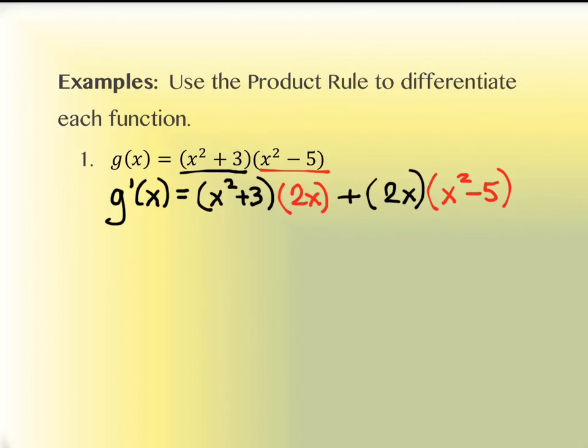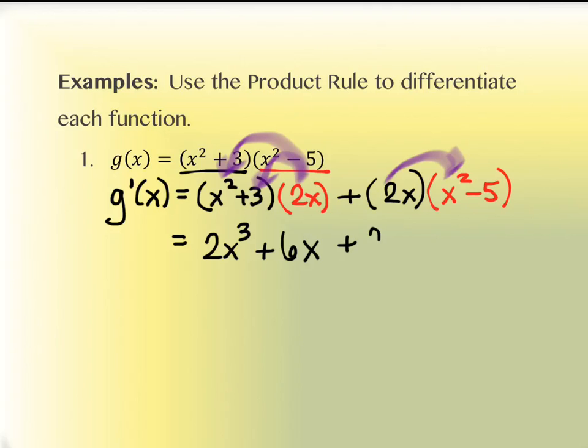So at this point, we're going to simplify what we have, which means we are going to distribute things out. So I'm going to take my 2x times the x squared to give me 2x cubed. And then my 2x times my 3, 6x, right? And then we're going to do the same thing over here, 2x times x squared to give me 2x cubed.